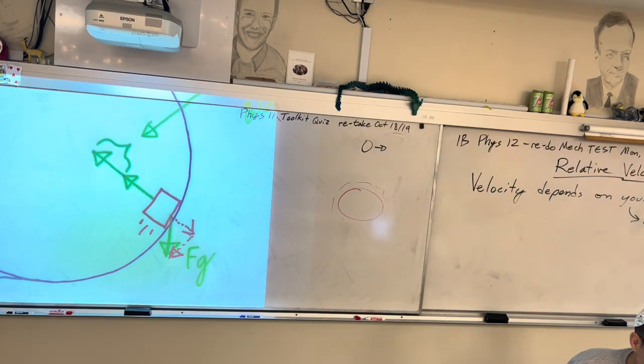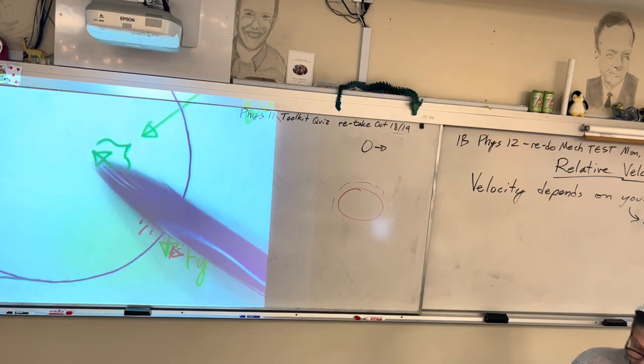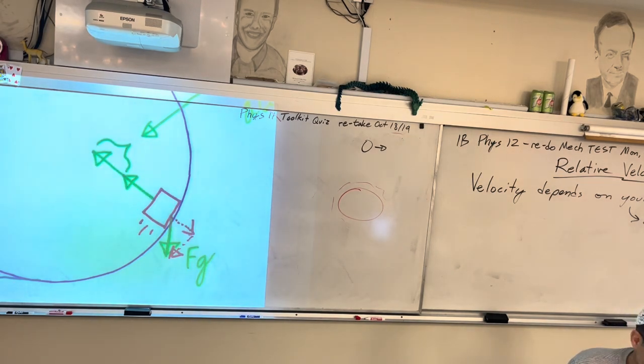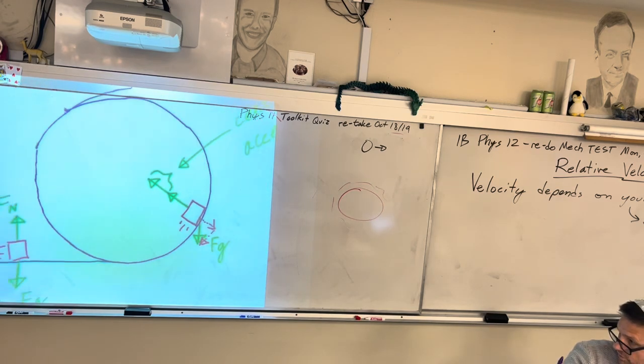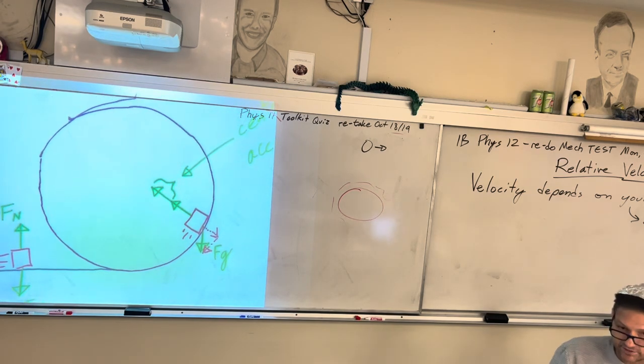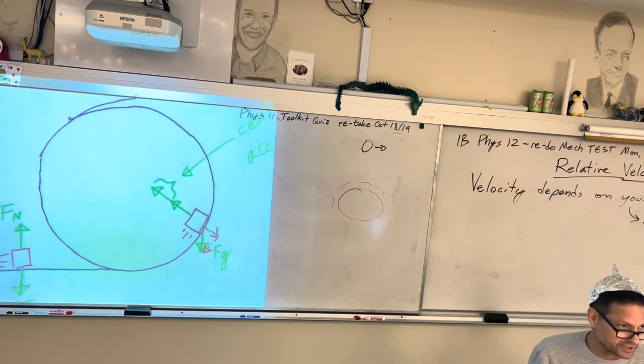For uniform circular motion, you have to have your net force right to the middle. And it can't be off. So without friction, there's actually no way to keep your speed the same as you go around the loop.